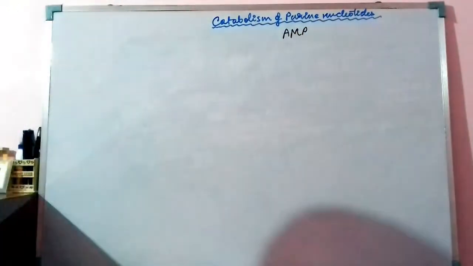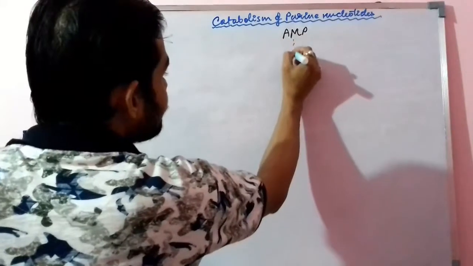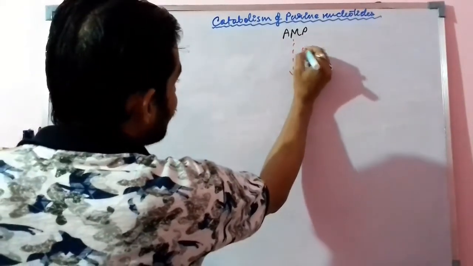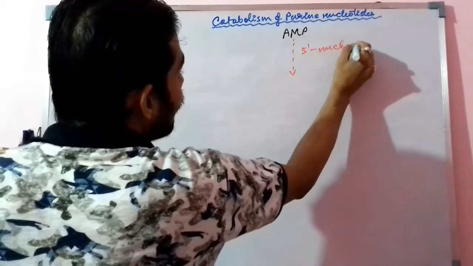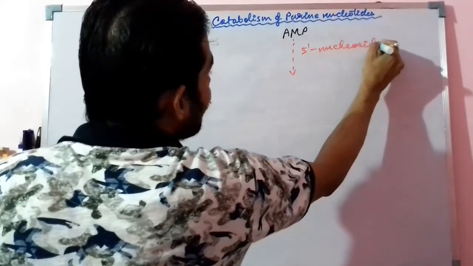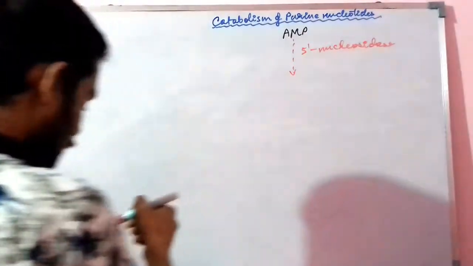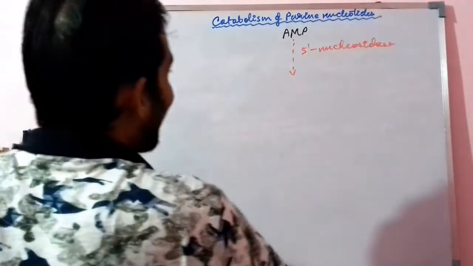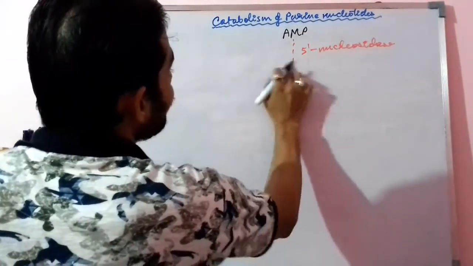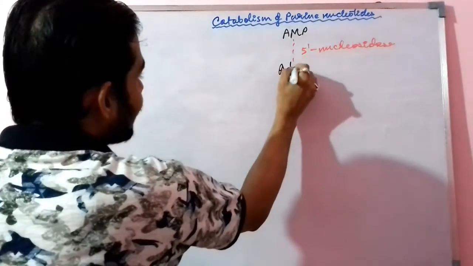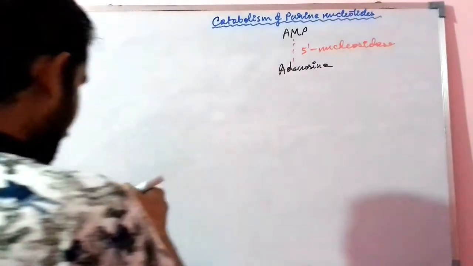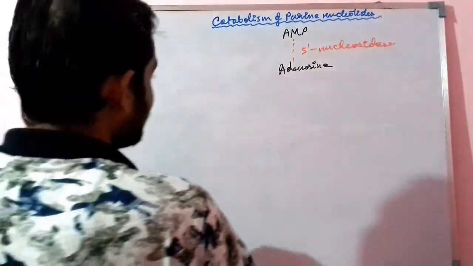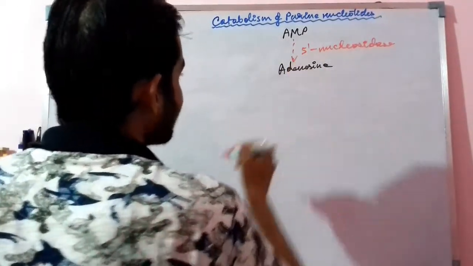Now this AMP, in the presence of an enzyme called 5' nucleosidase, helps in the formation of adenosine. Okay, adenosine.